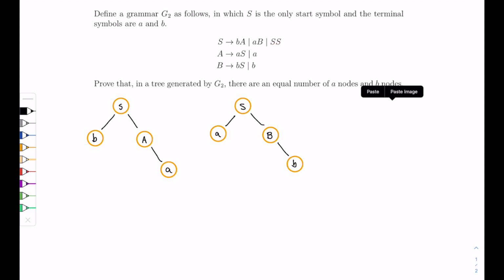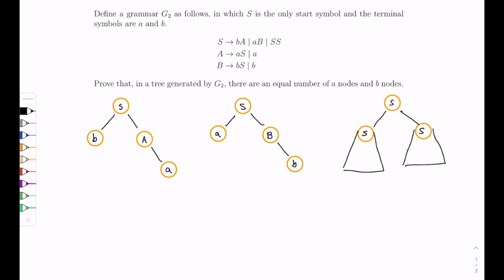Well, let's just generate this a little bit. Okay, so S is our root, but now let's think a little bit here. So we're going to have two children that are S. And by the structure, they're going to have some trees associated with each of them.